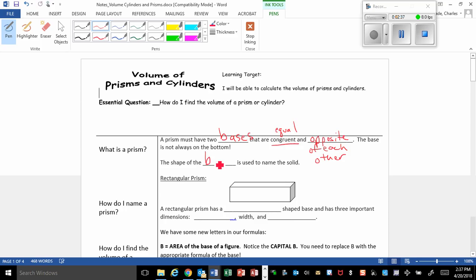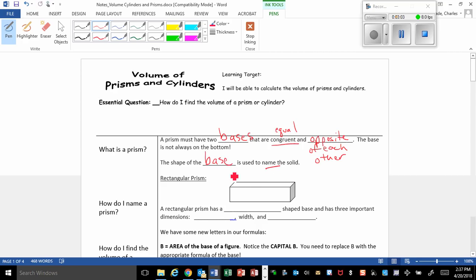The shape of the base is used to name the solid. In this particular case, this is a rectangle. It might be a square prism, but chances are that it's not exactly, even though it looks kind of square. It's a rectangular prism.